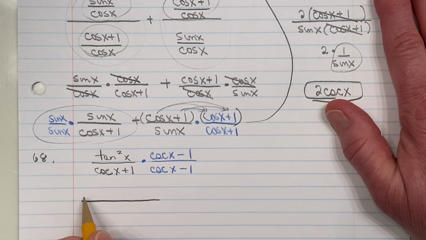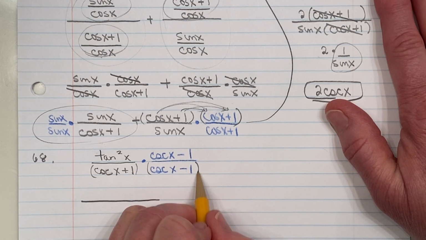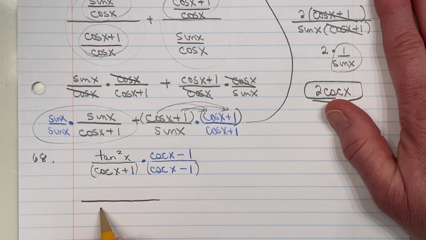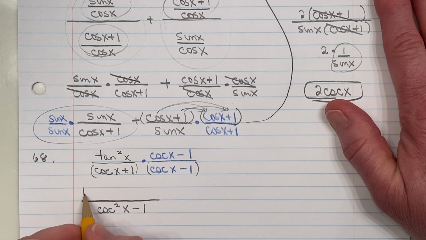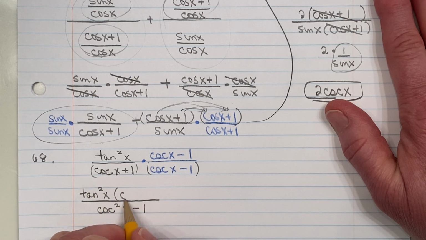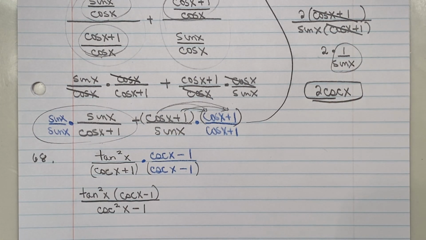Now in the denominator, I'm going to multiply these two together. And when I FOIL, I'm going to have some canceling, and I end up with cosecant squared x minus 1. I'm not sure yet if I want to distribute the numerator, tangent squared x, into cosecant x minus 1 yet. I might later, but we'll just wait and see.